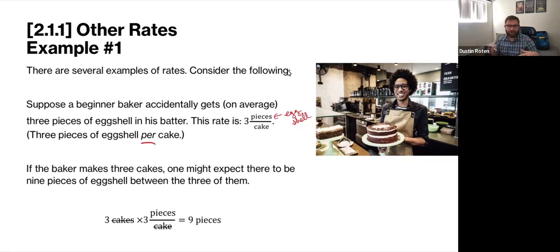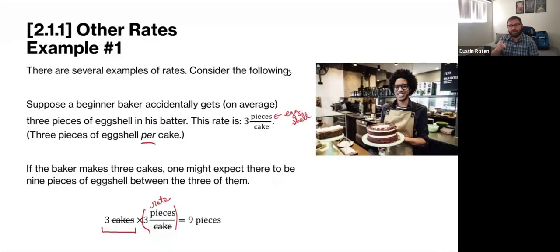So let's actually look at the units here. If you made 3 cakes, and then we expect 3 pieces of eggshell per cake, we can multiply by the rate. And then that's just 3 cakes times 3 pieces per cake equals 9 pieces.